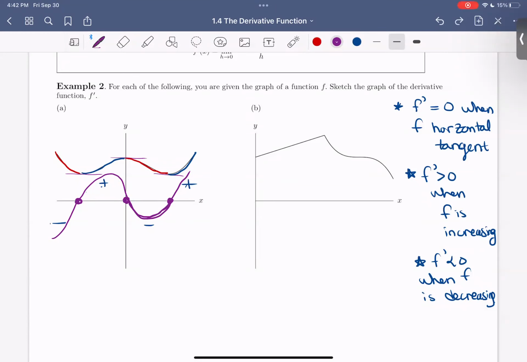Awesome. So this one is a little bit trickier, but it's the same ideas that we can use. First, I'm going to denote horizontal tangent lines. So from here to here on my original graph, my function is just increasing at a constant rate. So the tangent line at any point on this graph is going to be the same.